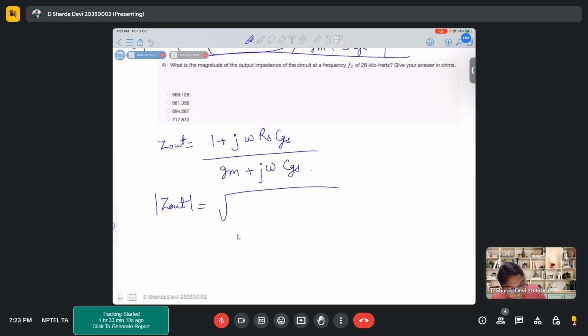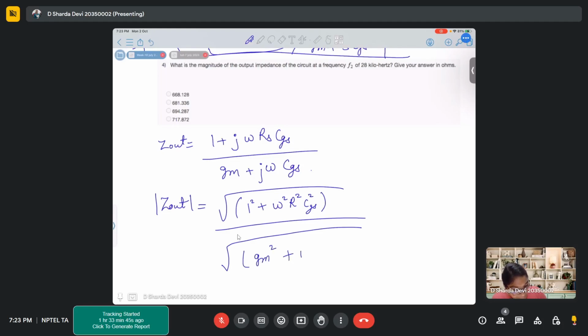It will be the square root of (1² + ω²R²C_GS²) over the square root of (g_m² + ω²C_GS²). So what is the value that you are getting?